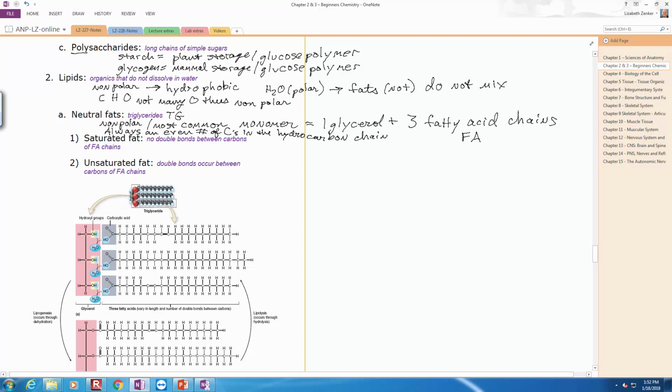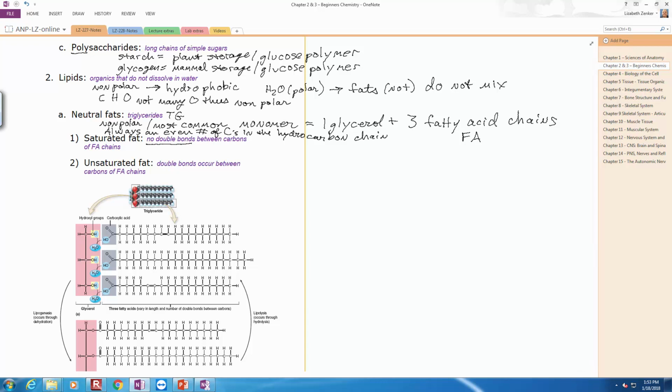So we have 2 general categories of fatty acids: saturated and unsaturated fatty acids. This has everything to do with whether there are double bonds in the fatty acid chain or not. A saturated fat means that there are no double bonds between the carbons in the fatty acid chain.